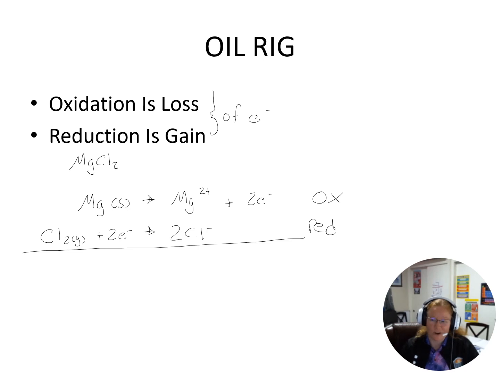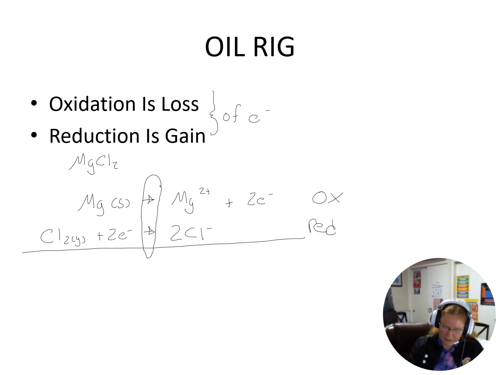Oxidation, my electrons are always products. Reduction, my electrons are always reactants. When I put a full chemical equation together, I don't want electrons in the final equation, so anything that's the same on both sides gets canceled out. Here is my reaction arrow.